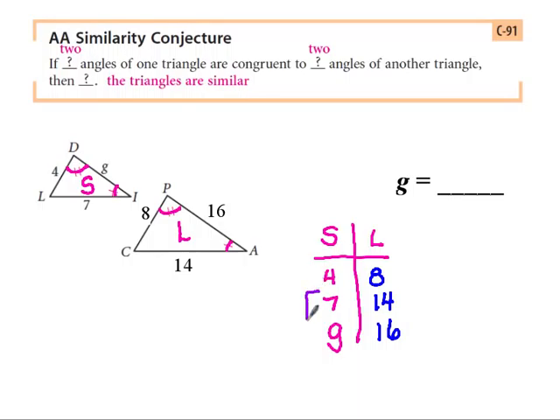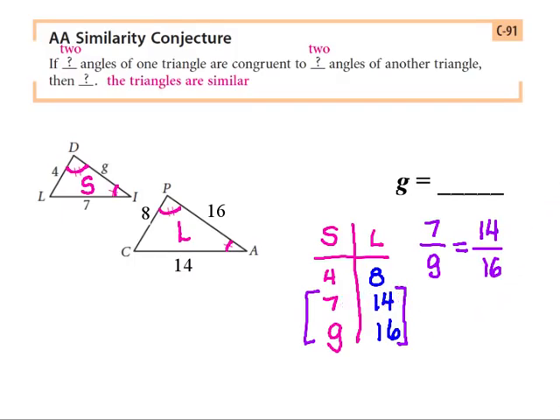I'm just going to focus right here and write that as a fraction: 7 over G equals 14 over 16. Some of you might already notice that G is going to be 8. That's great, because the small is half the size of the large.